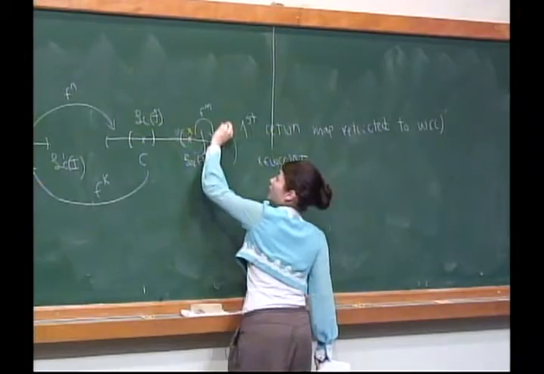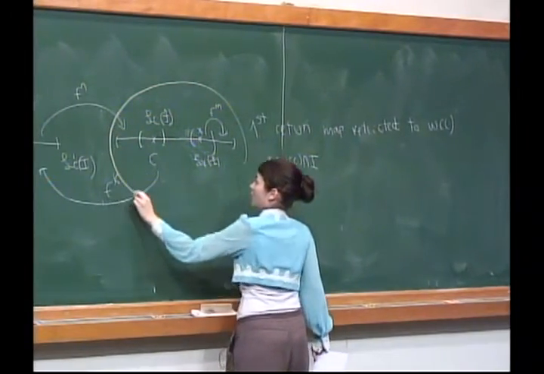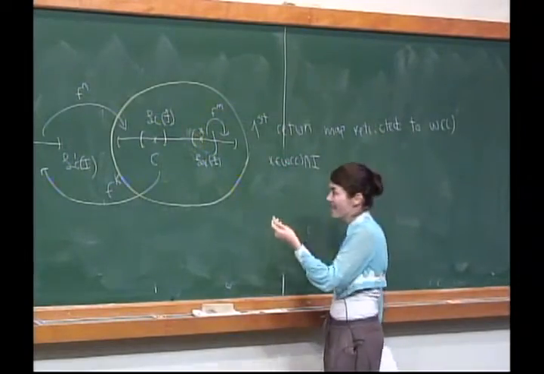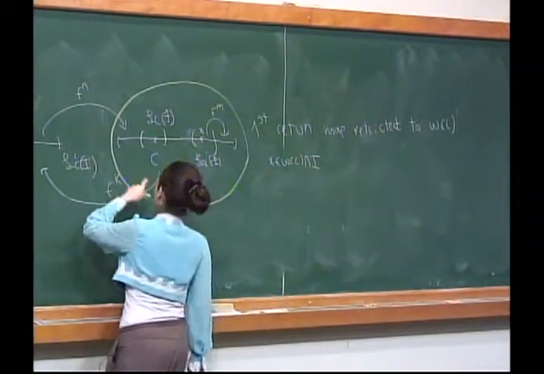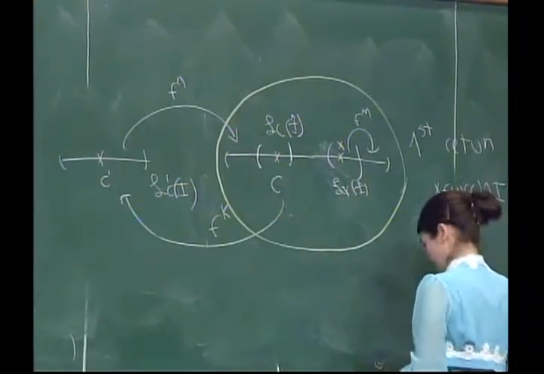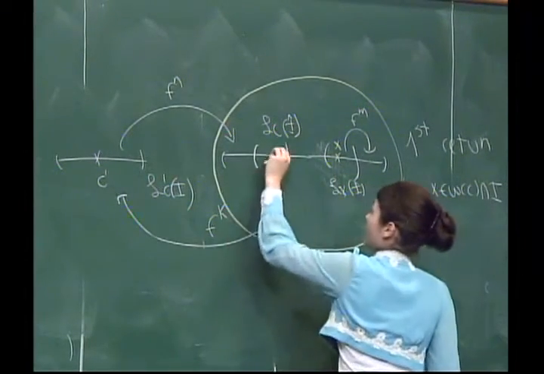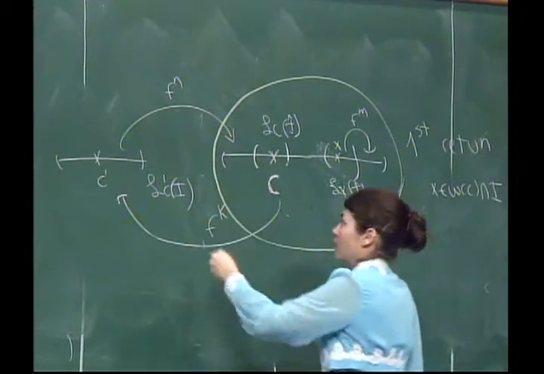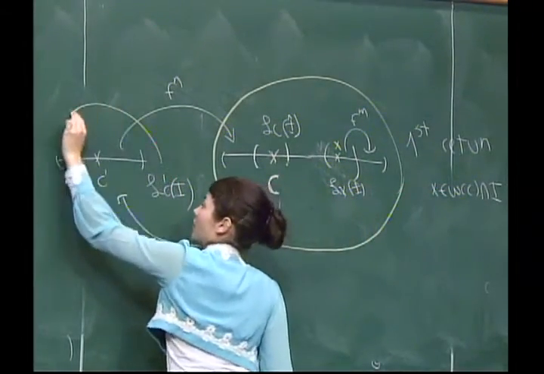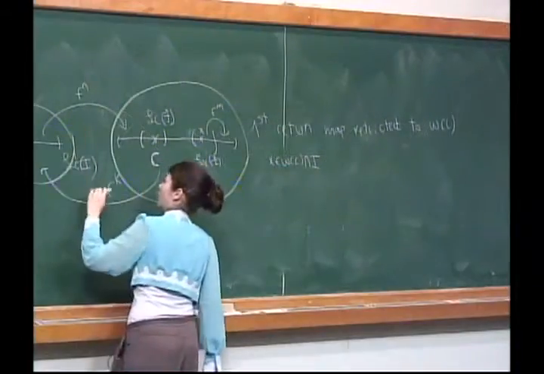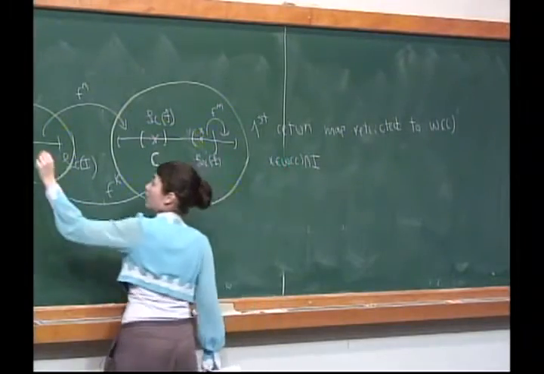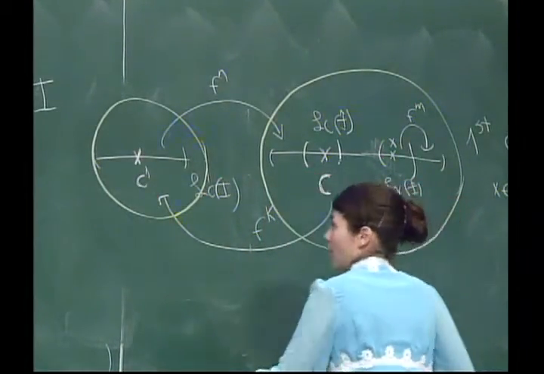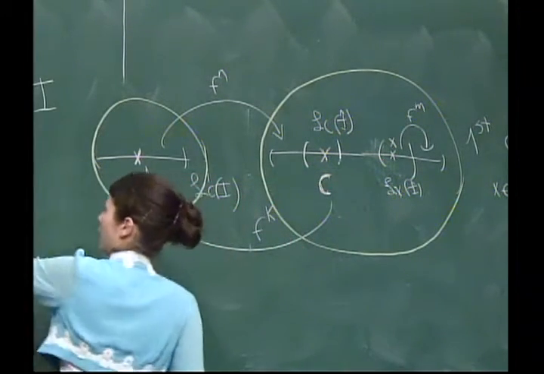The range will be, can you see green? I don't know, maybe some colors are not clear. So for each of the critical points, in this case we have C, the green ones will be the range. And for this one there will be another ball here containing this other critical point, C prime.